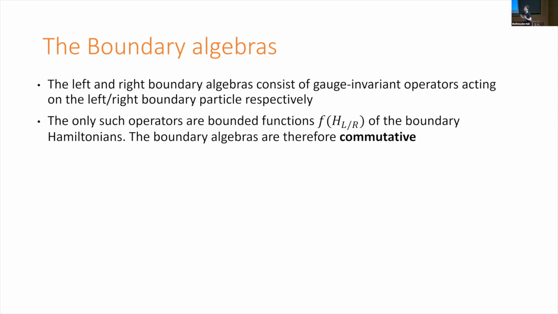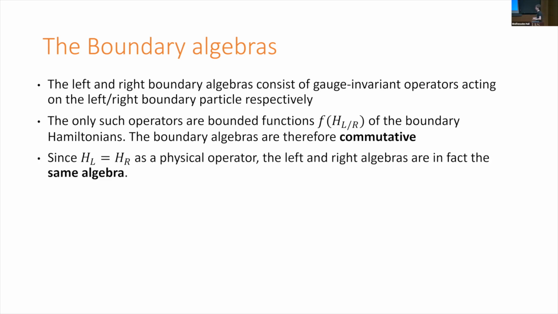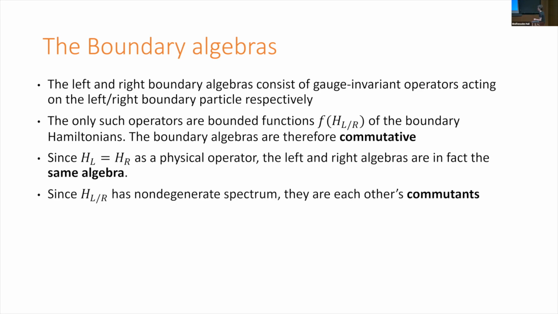So these boundary algebras are completely commutative algebras. They're purely classical. And they're also equal, because we just showed that HL is equal to HR. So it's the same algebra on the left and the right. Finally, because the Hamiltonians have a non-degenerate spectrum, they're each other's commutants. The left boundary operators are the set of all operators that commute with all the right boundary operators and vice versa. The same operators in this case, but they are each other's commutants. That's an important property that we'll see show up again later.